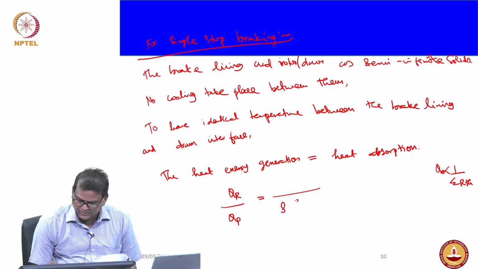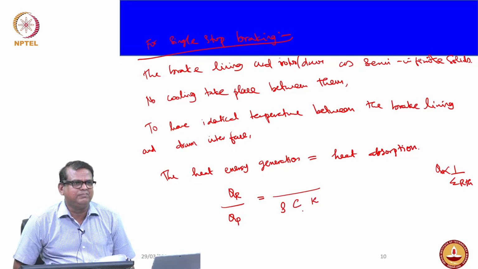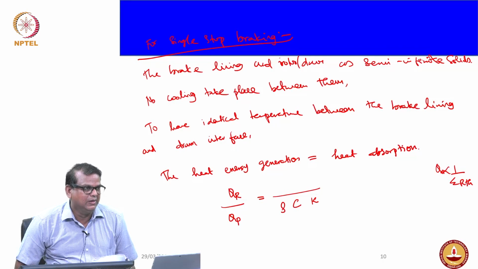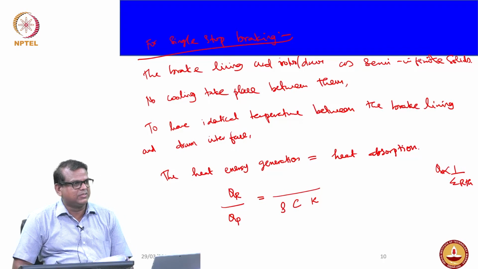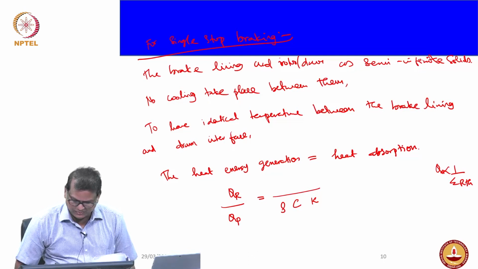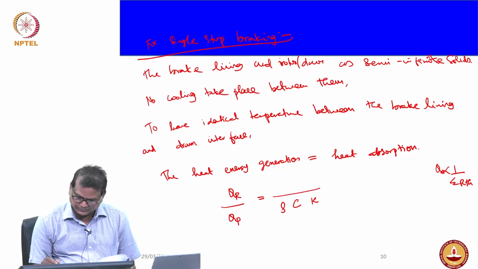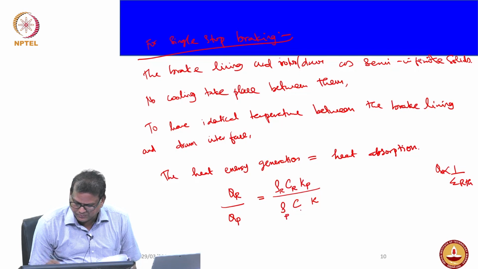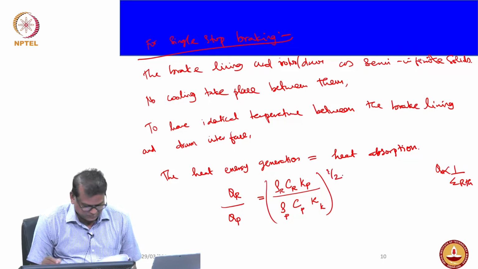Density, specific heat capacity and K. Have you heard about thermal diffusivity? It depends on the density, thermal conductivity as well as specific heat capacity. So this is rho_R, C_R, K_R, and this will be rho_P, C_P and K_P for the pad.